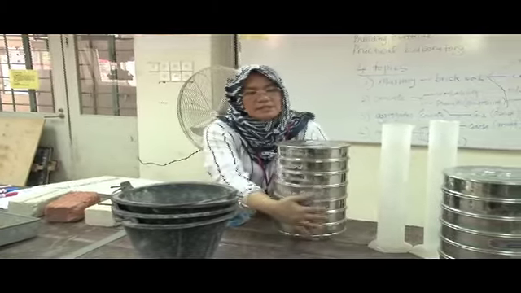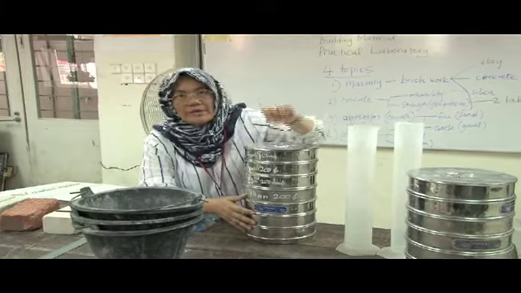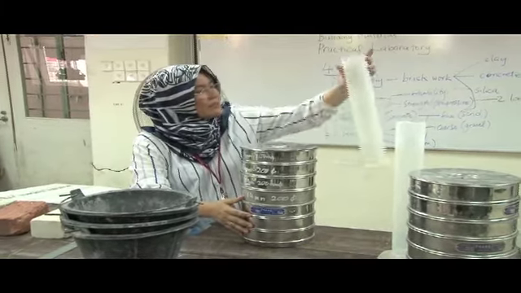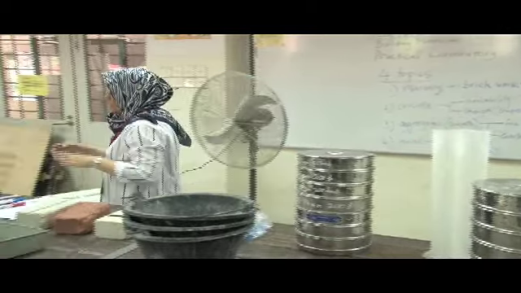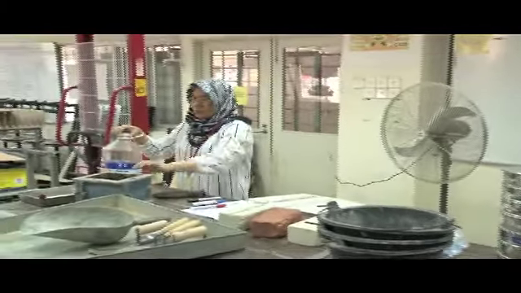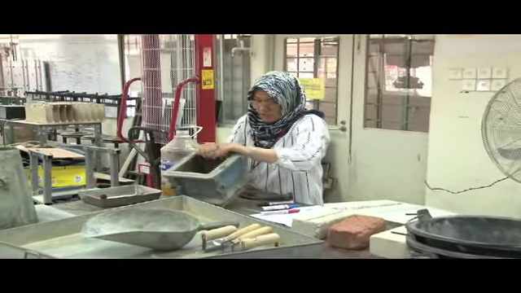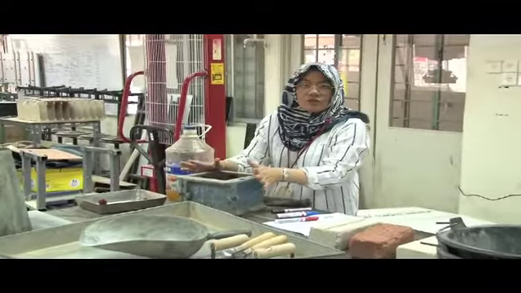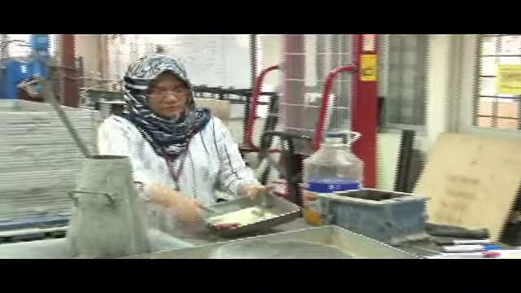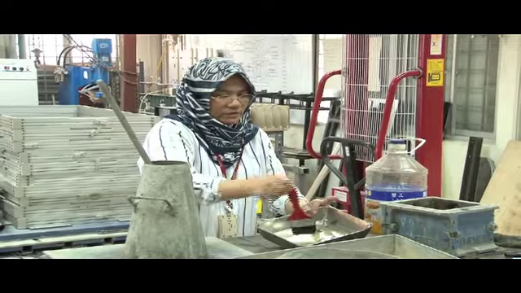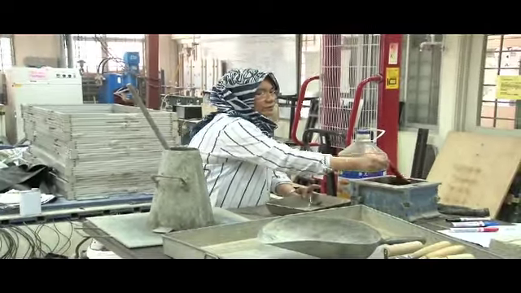This is the sieve that we'll be using for our aggregates. Some beakers for water. You need oil for the mold. This is the concrete mold that you will be using to make your cubes. This is the brush where you're going to put the oil on the mold.